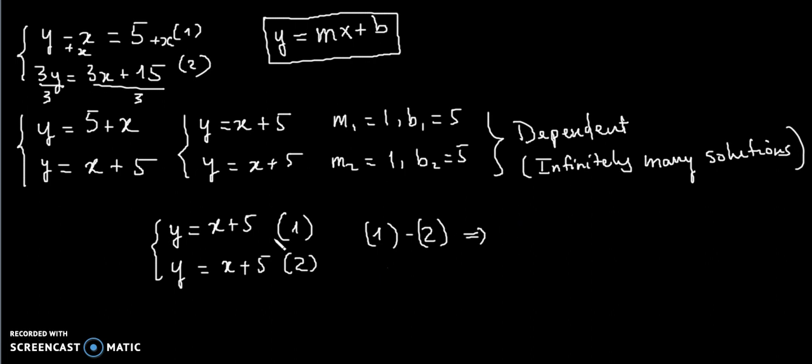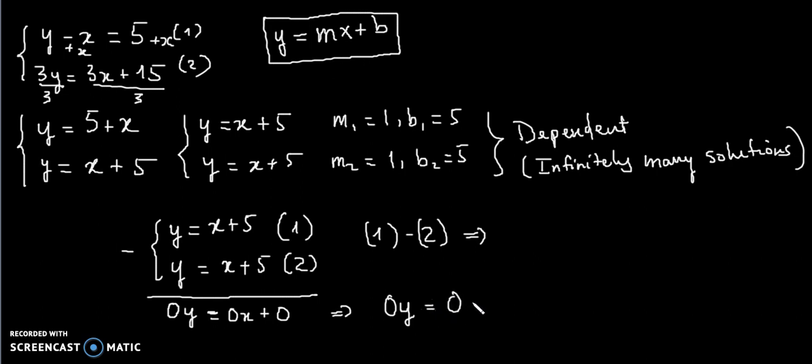You would have y minus y is 0, and instead of writing 0, I would say 0y. The same thing here, I have 0x plus 0. And then after that, I would have 0y equal to 0x. Now we know that any number multiplied by 0 equals 0, so it's always true, regardless of the values of x or y.